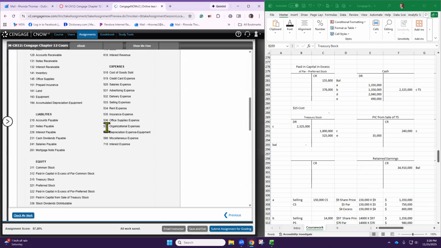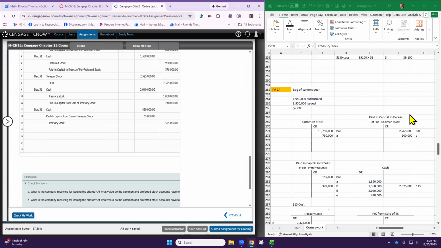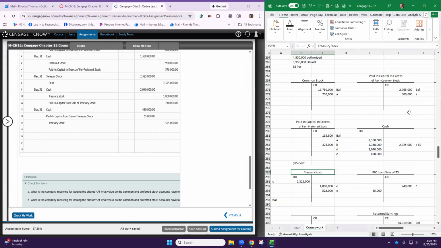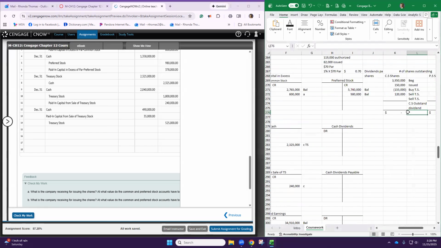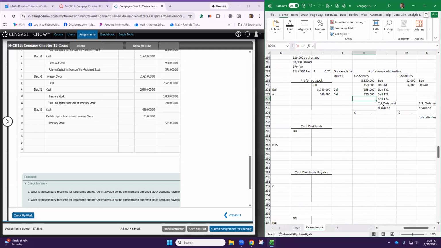Okay, so I've got those in, and then I want to go over here to account for them in what we're doing. So we're selling 35,000. So the outstanding common stock. So we bought some.